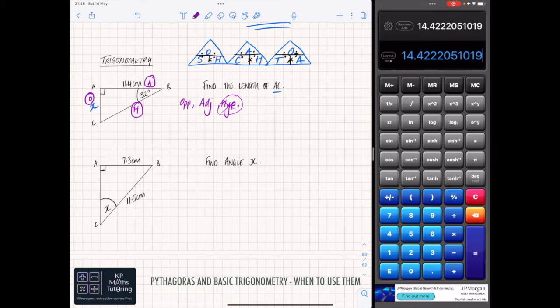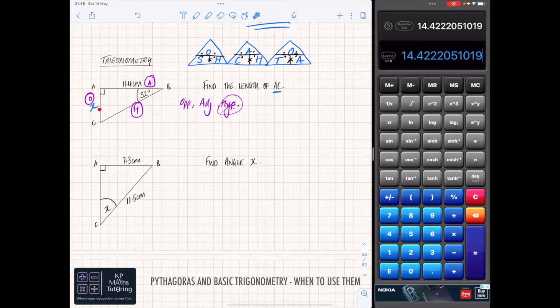So I've done that. What I now need to do is pick whether I'm going to use sin, cos, or tan. I've got to find the ratio that works. I can't just pick a random one. If I look at this question, you've got to think about which one of these three sides is not important. I've been given the adjacent, so that's important.